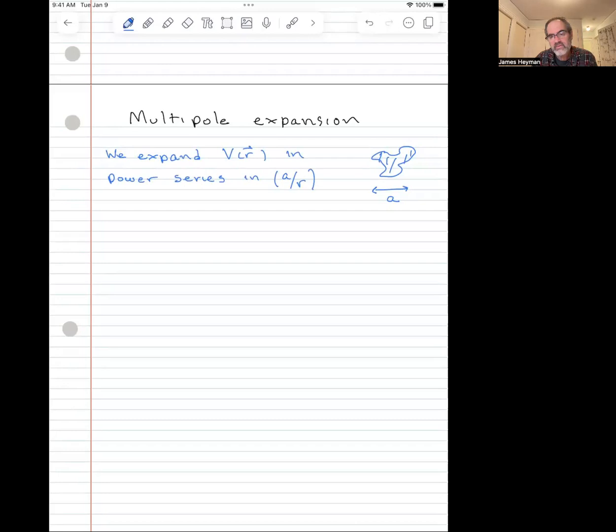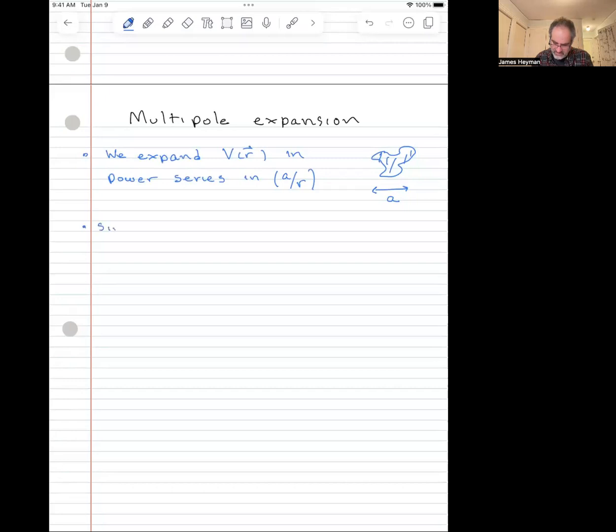So if we're far away from the object compared to its size, then A over r is a small number. And as we look at the terms in this power series that go like A over r squared, and so on, the terms will get smaller and smaller. And the idea is that we can get a reasonably accurate description of the potential with just the first few terms in the series.